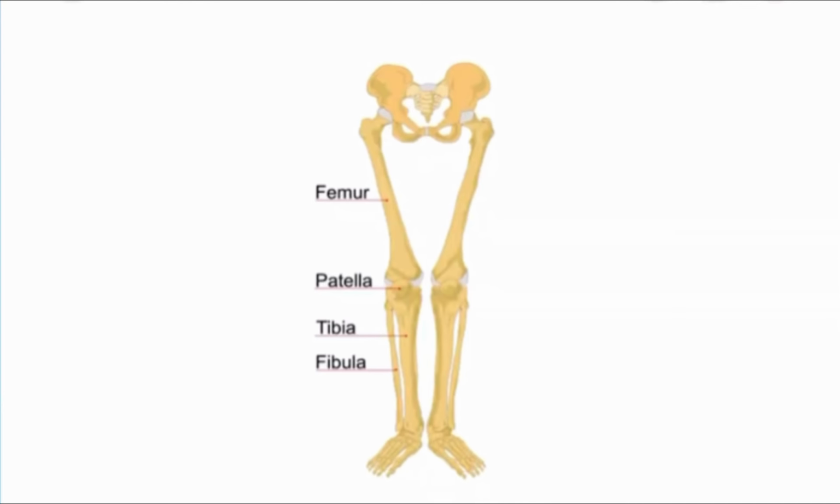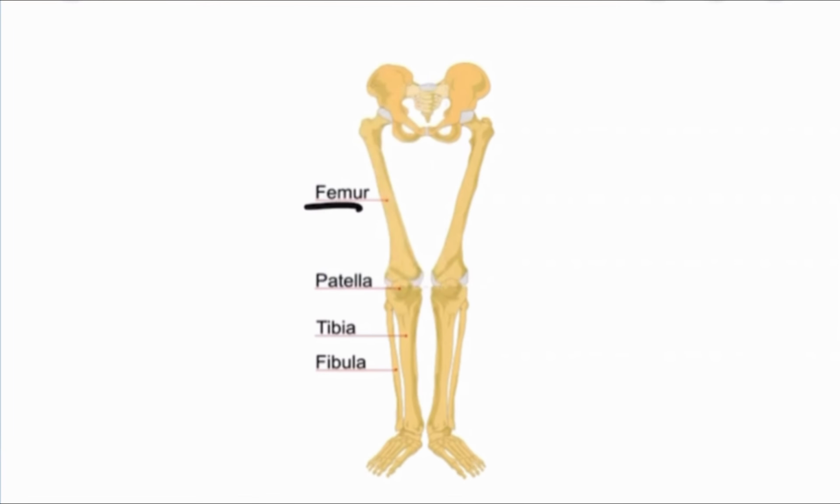So, what I have right here is the lower body of the appendicular skeleton. The lower body consists of the femur, which is pointing to here, and that is the strongest bone in your body.